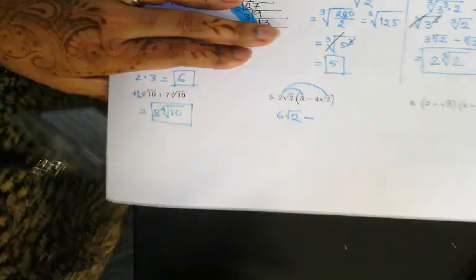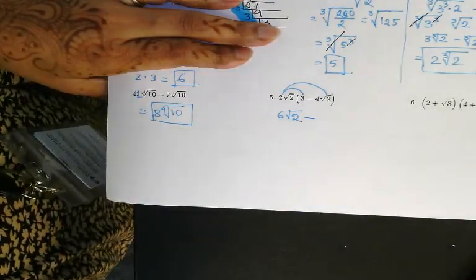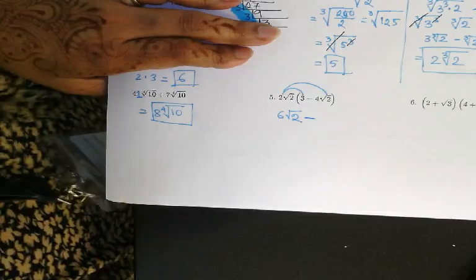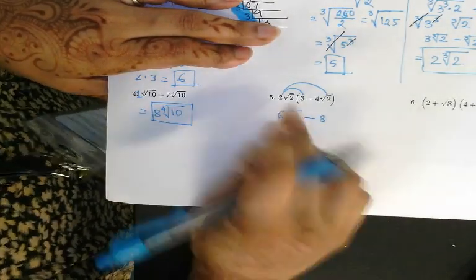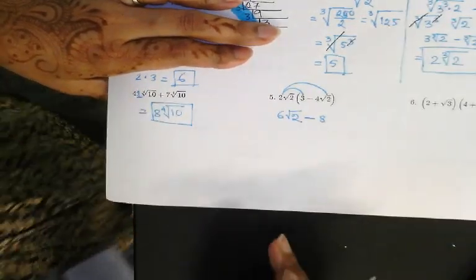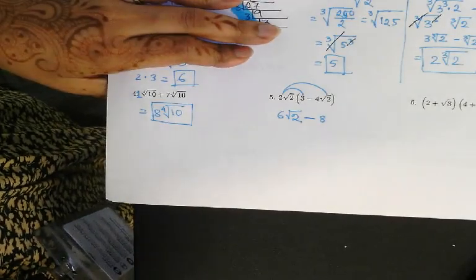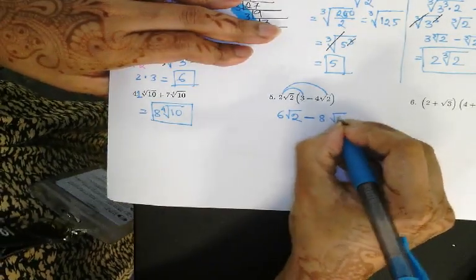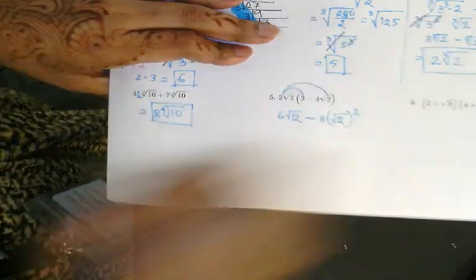Minus, on this one, whole number will be multiplied with whole number and radical will be multiplied with radical. Now tell me, what do I get? Negative 8 square root of 2 times square root of 2 means square root of 2 square.